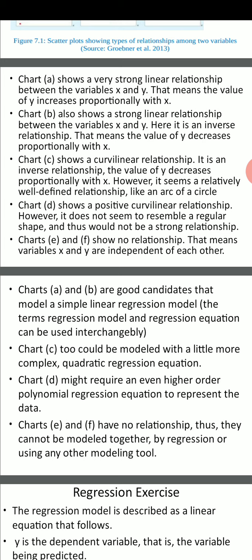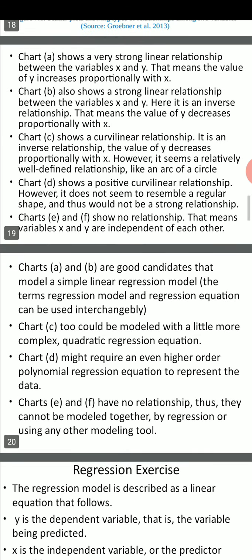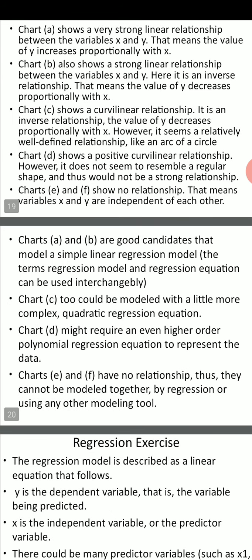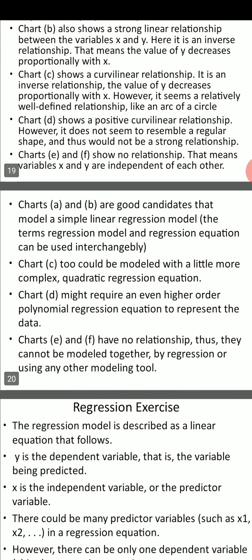Chart A and B are good candidates that model a simple linear regression model. The terms regression model and regression equation can be used interchangeably. Chart C too could be modeled with a little more complex quadratic regression equation.